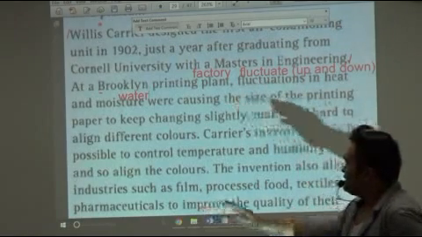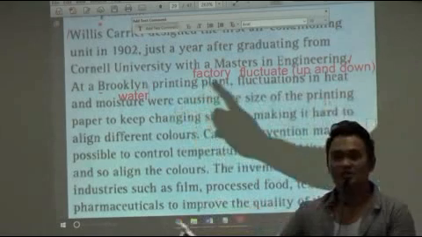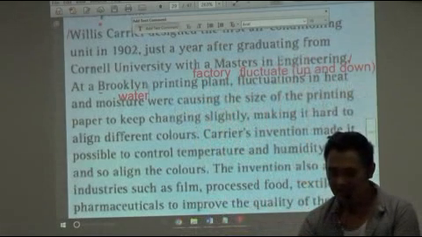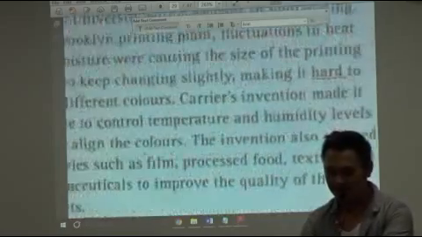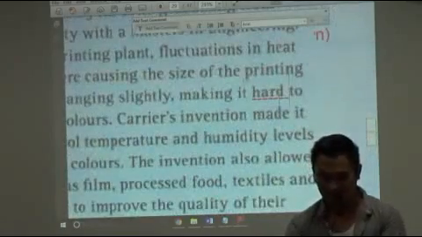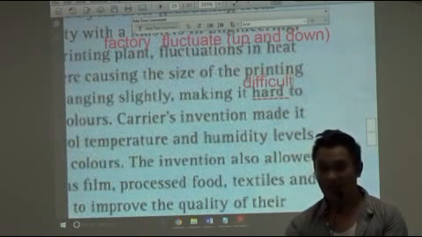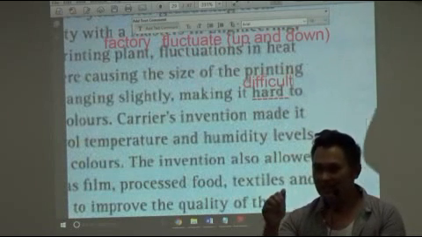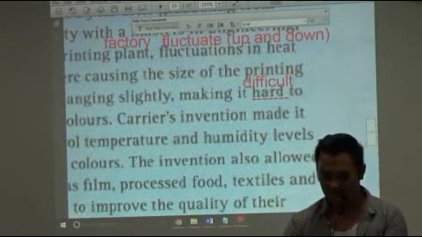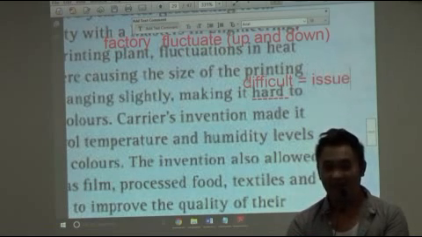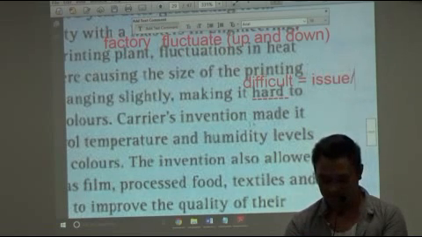Now, it causes the size of the printing paper to change slightly, making it hard to. Everybody say hard. What does hard mean? Difficult. When you see this word in reading, it makes it hard, it makes it difficult. This is an issue. It's a problem.